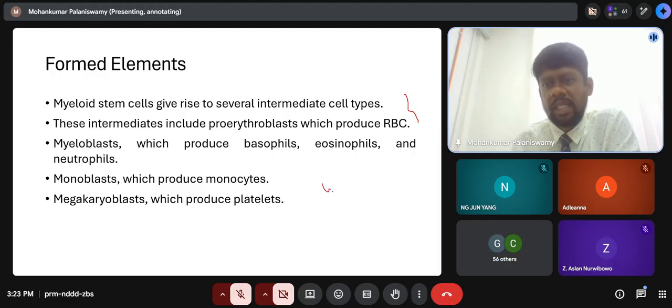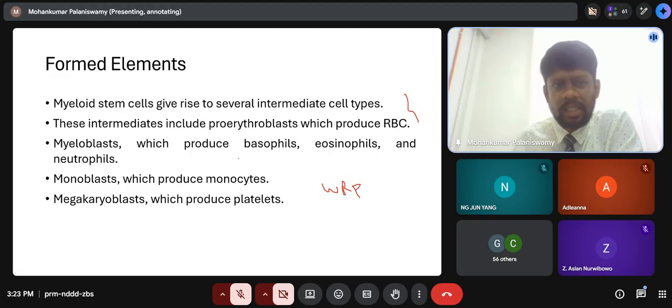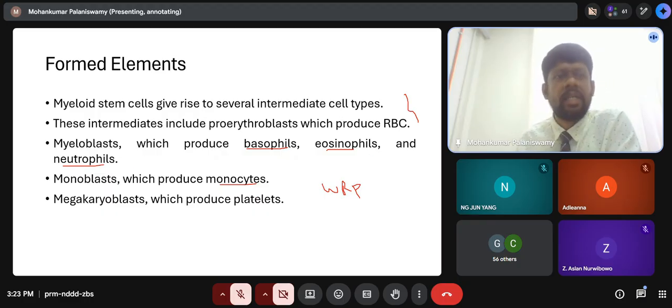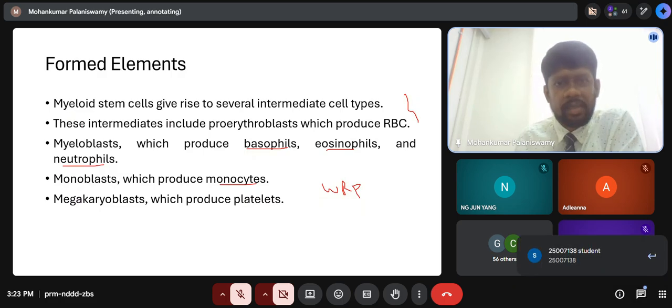Apart from the WBC, RBC, and platelets, these are the other cells which are also present in our blood: basophil, eosinophil, neutrophil, monocytes, and platelets we already saw.